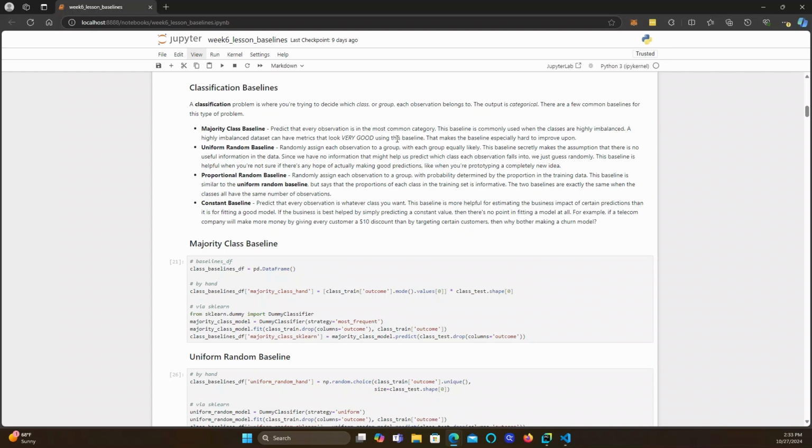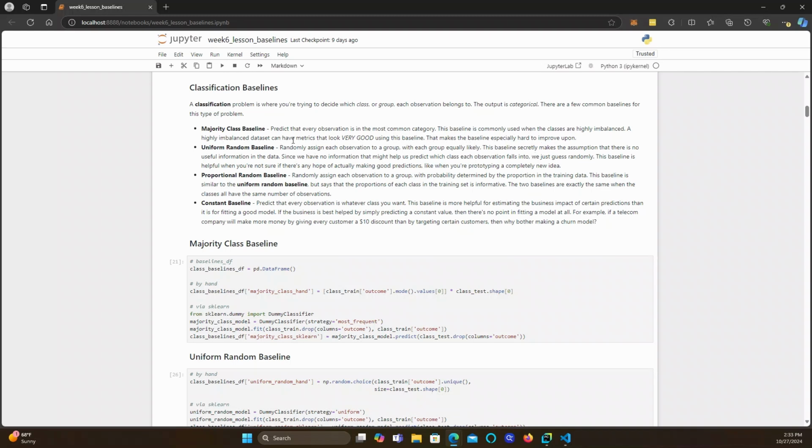It's categorical. So the most common baseline for this is the majority class baseline. Okay, so that means just predict that every observation is the most common category. And this is really useful when the classes are highly imbalanced. Say if like 95% of people don't have diabetes, only 5% of people do have diabetes, then your model is going to be 95% accurate if you just predict that nobody has diabetes, okay?